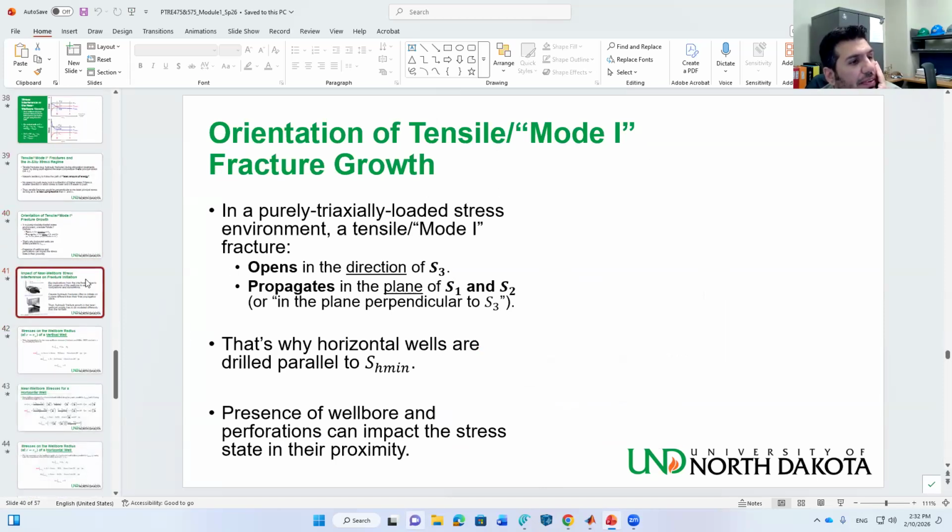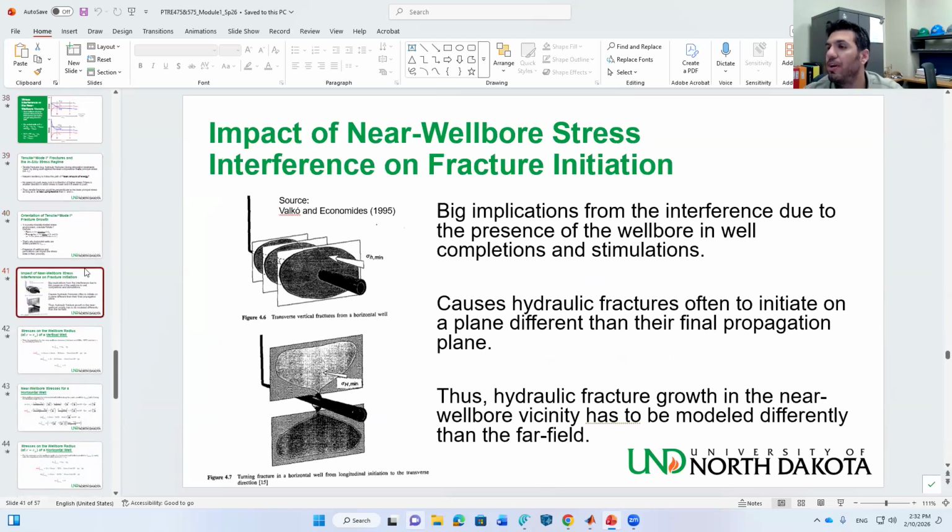Then we said that when you have the wellbore, you create perturbations in the stresses in the near wellbore region. So when you drill and then you fracture, you may encounter a stress that is different than what you anticipated. You drilled and the region was stressed with SV, SH max, SH min.